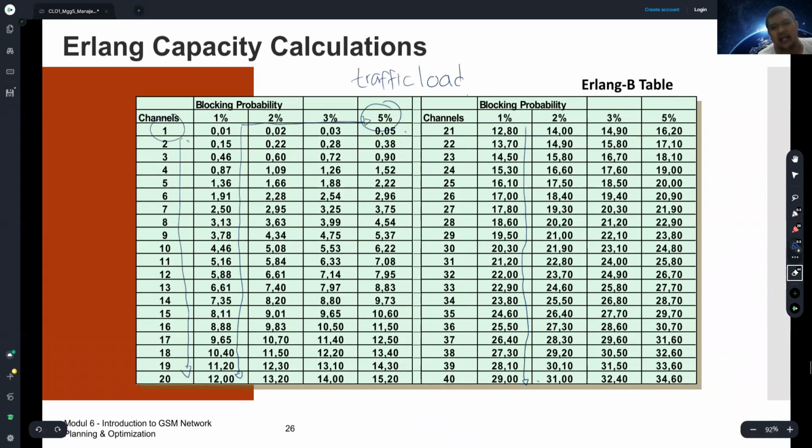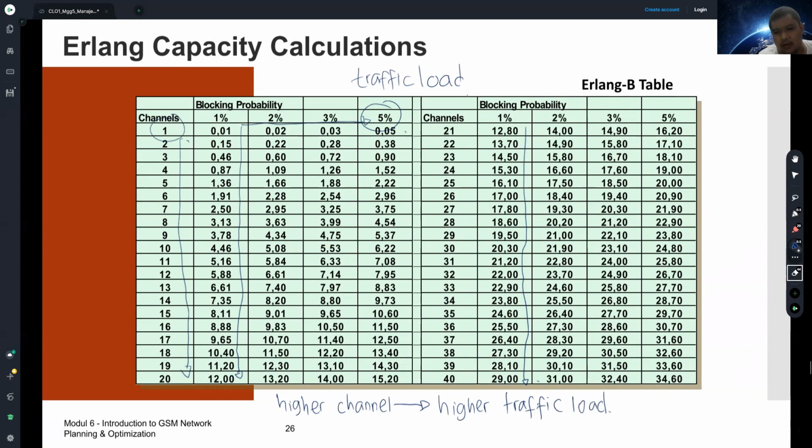Which means that using Erlang capacity calculation, we could say that higher channel will create higher traffic load. Right?